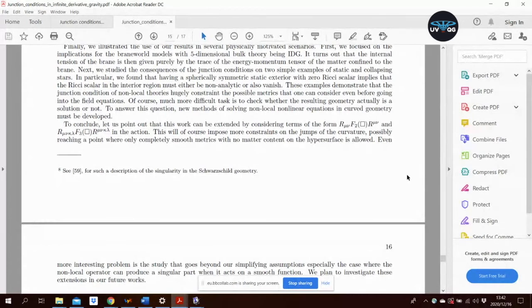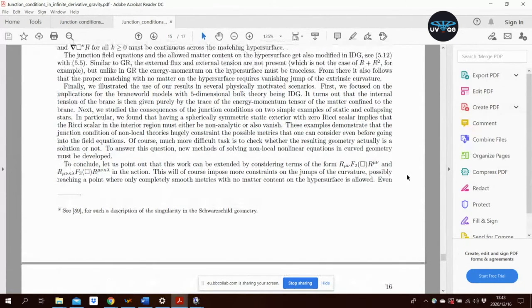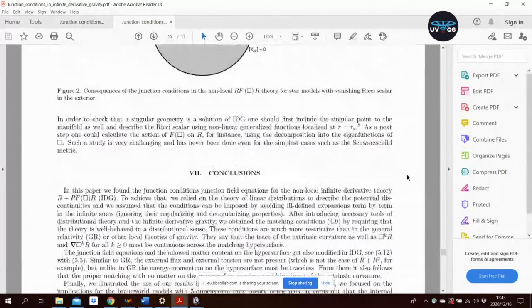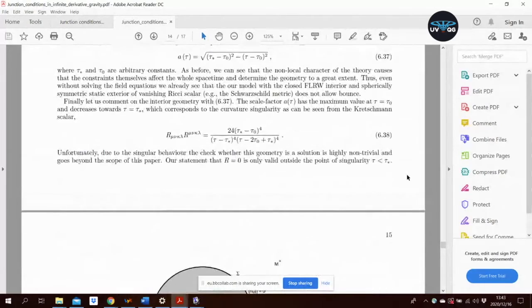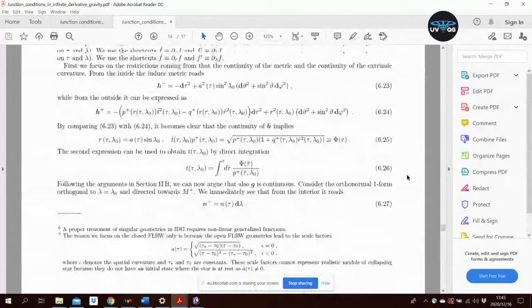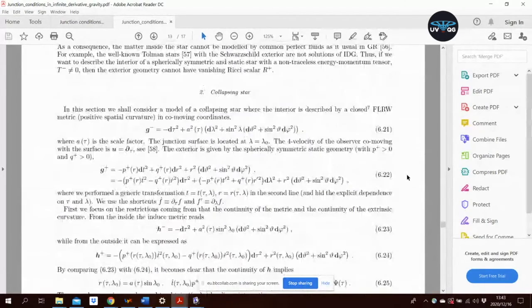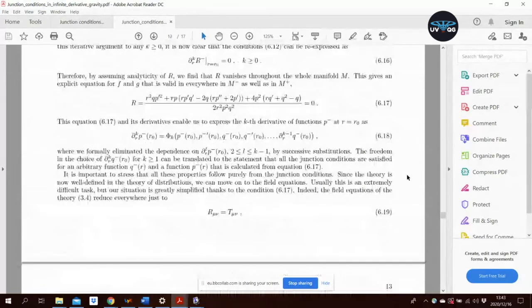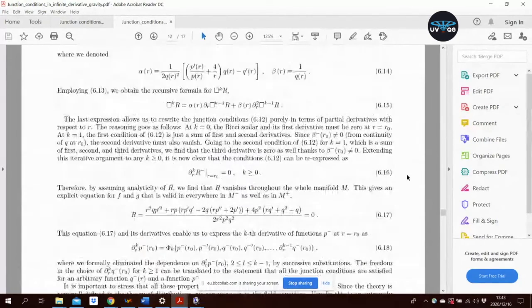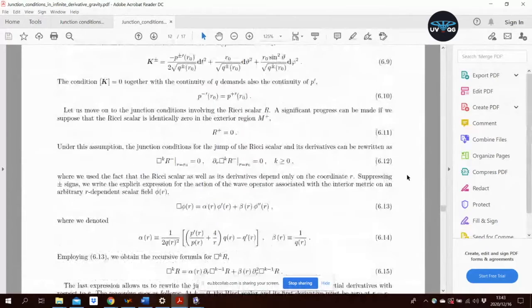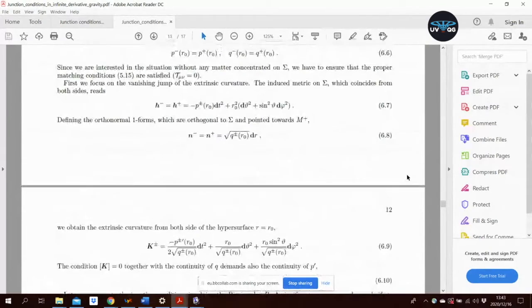So this is apparently a consistent result. It is intuitively reasonable. But then when you consider the explicit examples, matching of exterior Schwarzschild with some interior solution, I think, in my opinion, this example is too much.